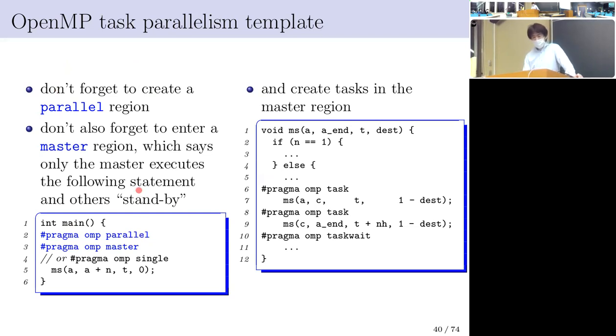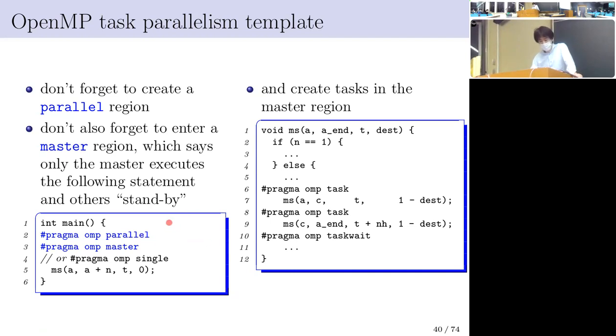Almost all the time, right after you enter this parallel region, you use another pragma, which I haven't explained so far, called omp master, which says the following statement is done only by the master.